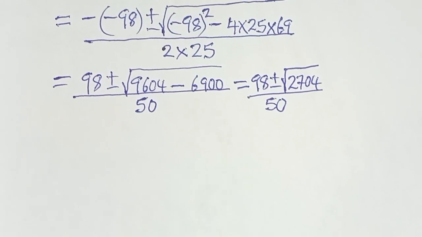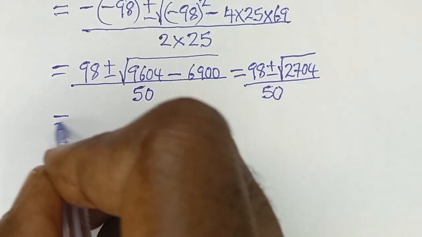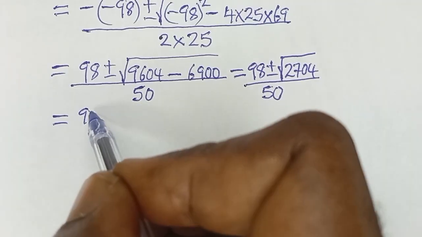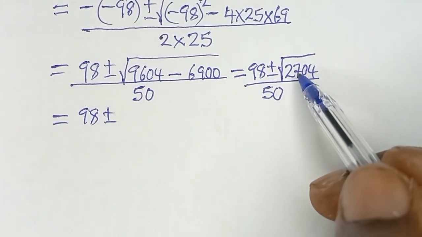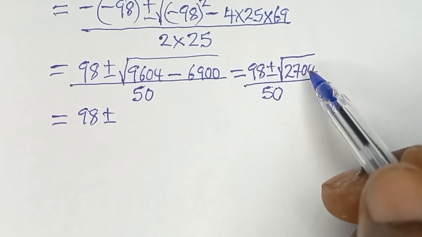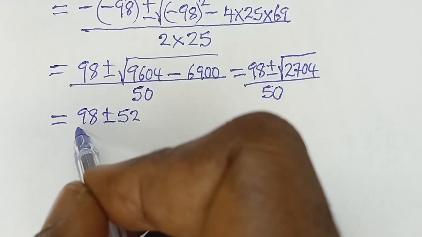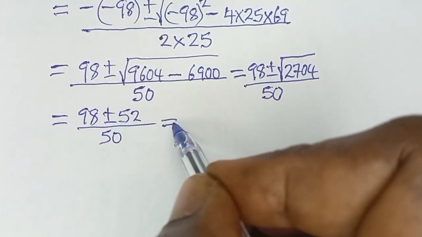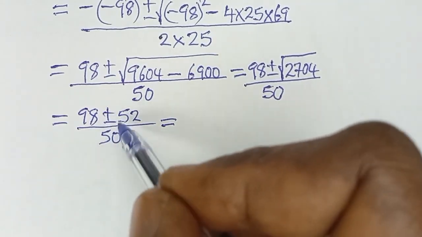Then now let me continue here. I'll be having x is equal to 98 plus or minus the square root of 2,704, which is equal to 52, all over 50. Now I cannot leave it as one value.